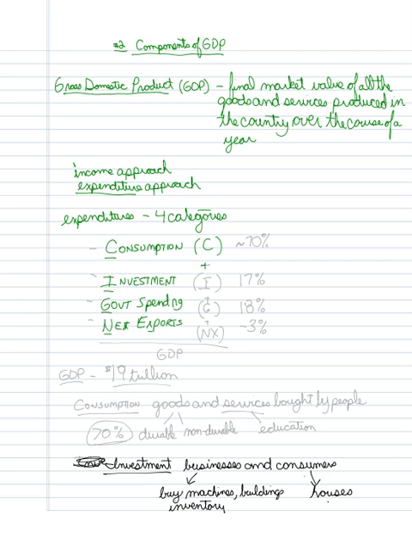C plus I plus G plus NX. Adding up these four things gives us our GDP.